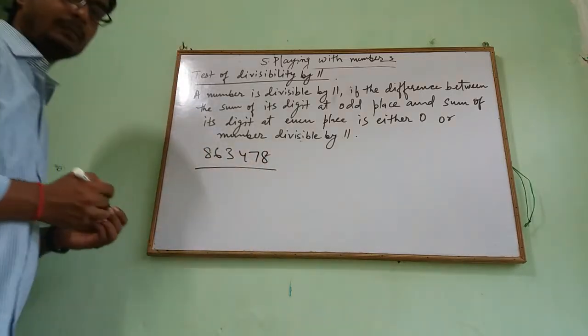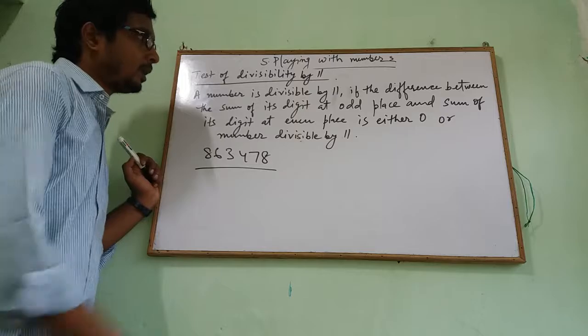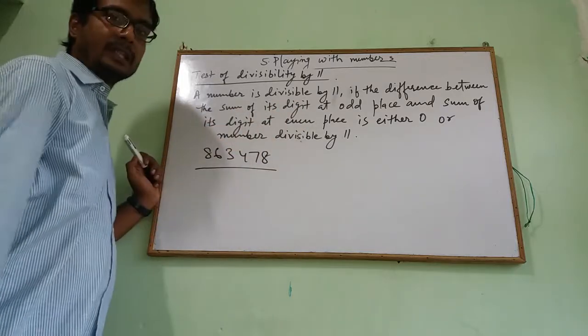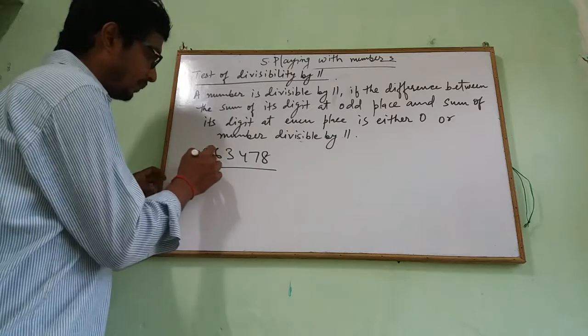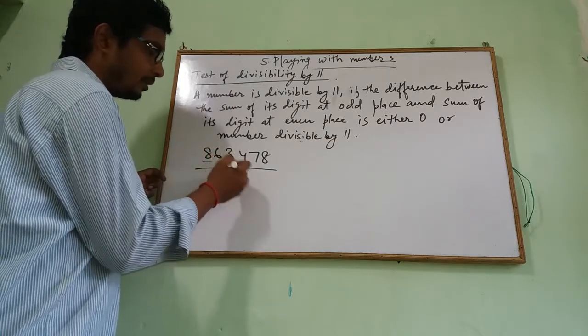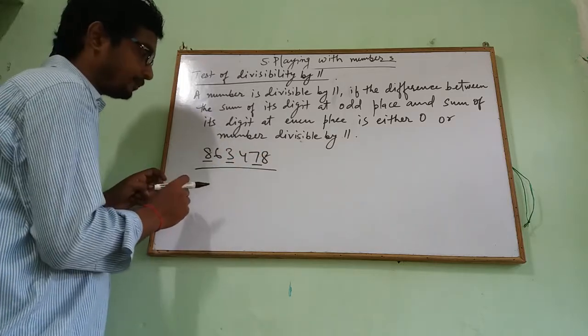Let's suppose I have one number, that is 863478. Now the sum of its odd places and the sum of its even places. Here the first place is odd, this is 3, also odd, and this is 5, so this is also odd.